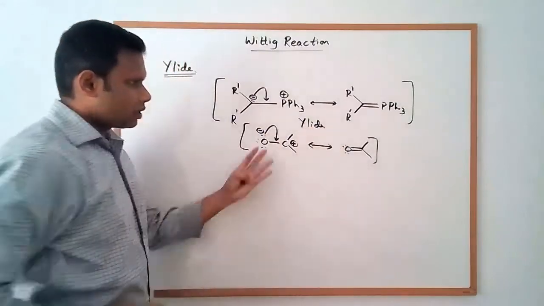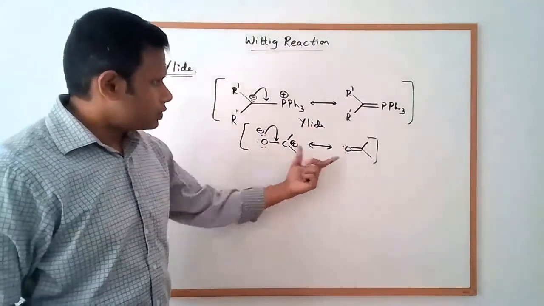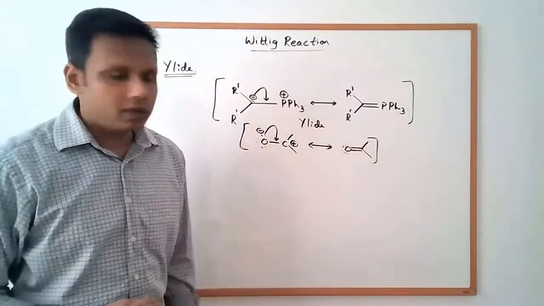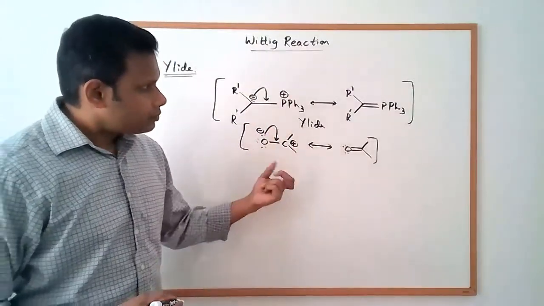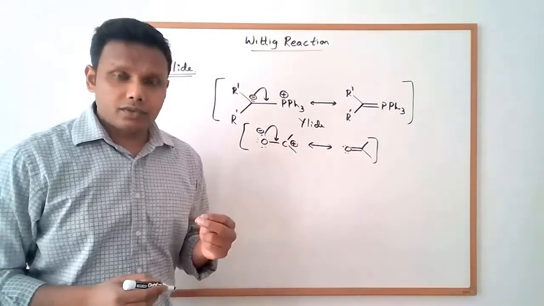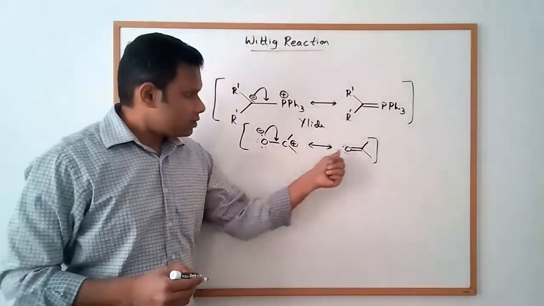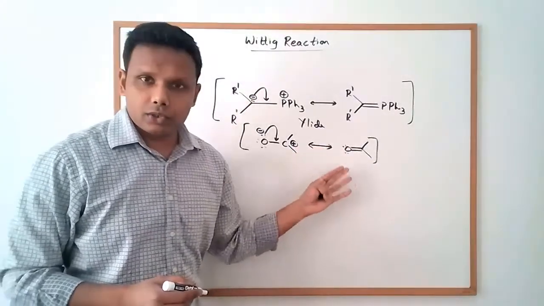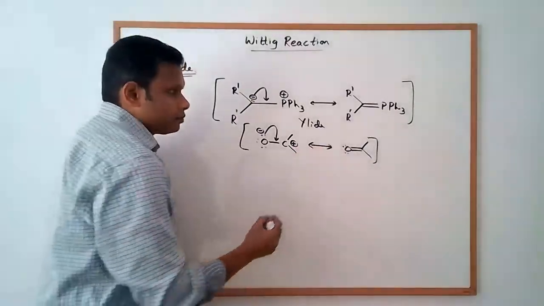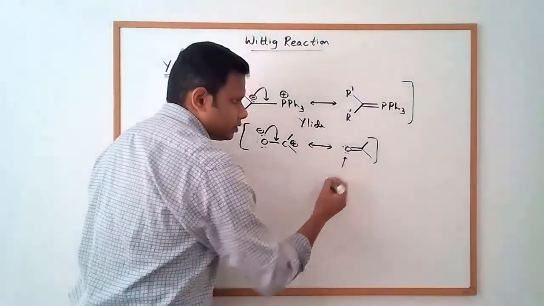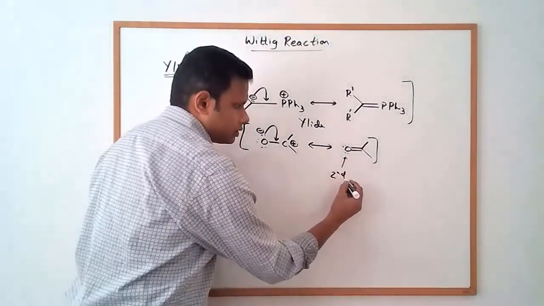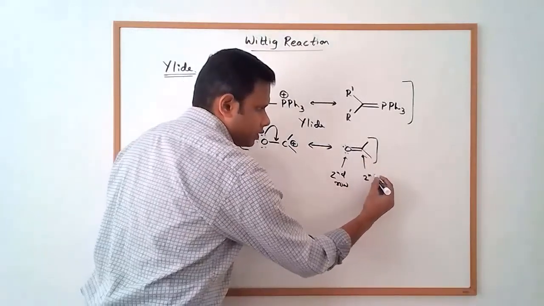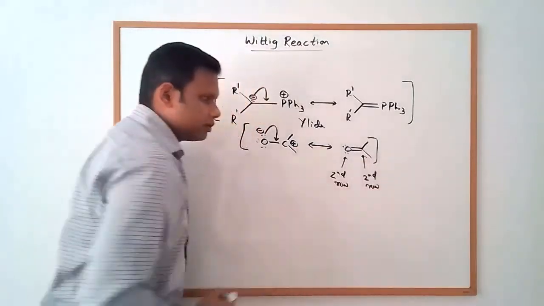And I've drawn this carbonyl compound to show some resemblance, how these are related, at least in terms of resonance. Now, one key difference is that in the case of a carbonyl compound or any other structure like this, where you have second row elements, this is an element from the second row of the periodic table, and this is also an element from the second row.